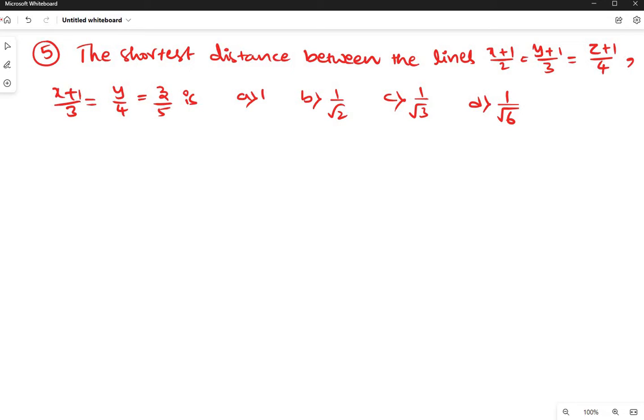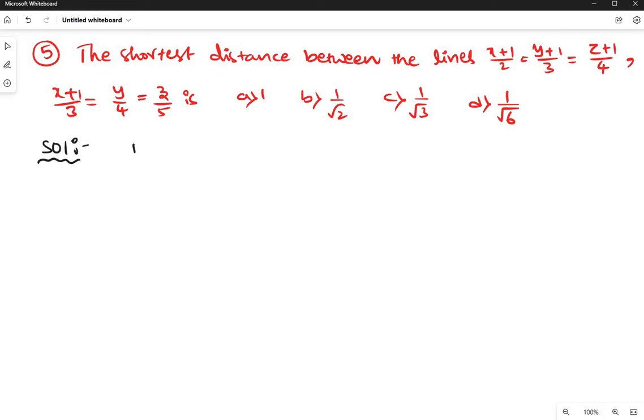Now the solution is as follows. First of all, it is given as (x plus 1)/2 is equal to (y plus 1)/3 is equal to (z plus 1)/4. We can identify the points it is passing through, as well as the direction ratios of the two lines.